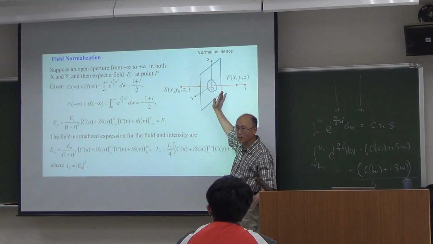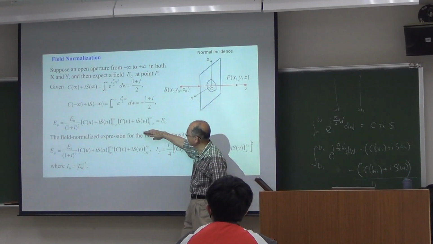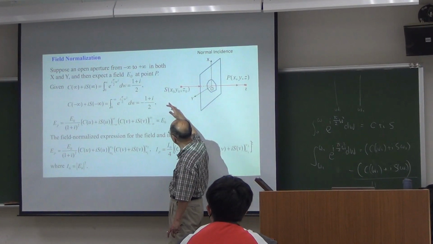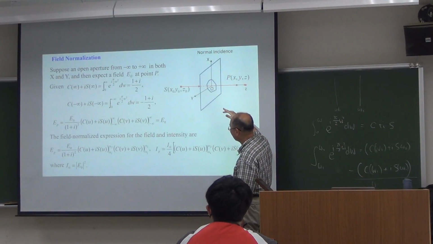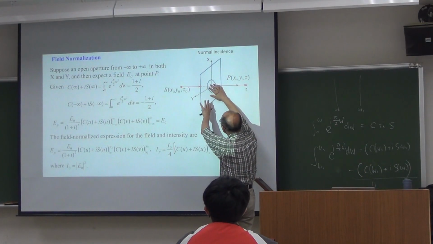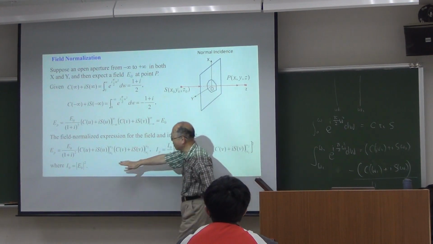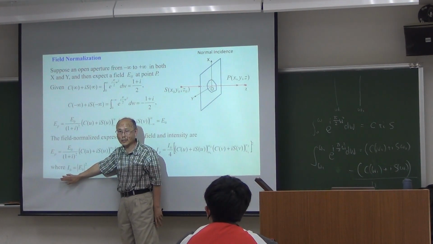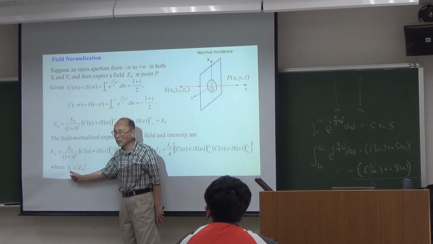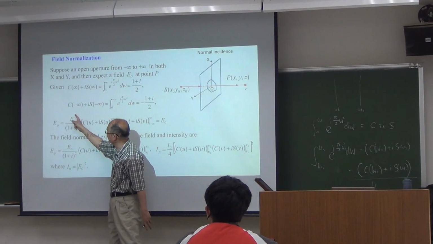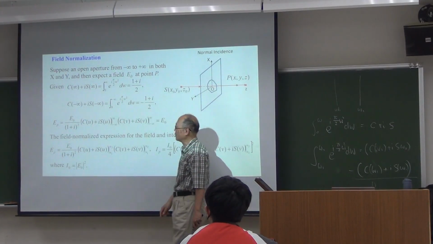With the condition that if you just open up this aperture, you have a uniform intensity at the screen. Subject to this, you put this factor in front of the electric field.